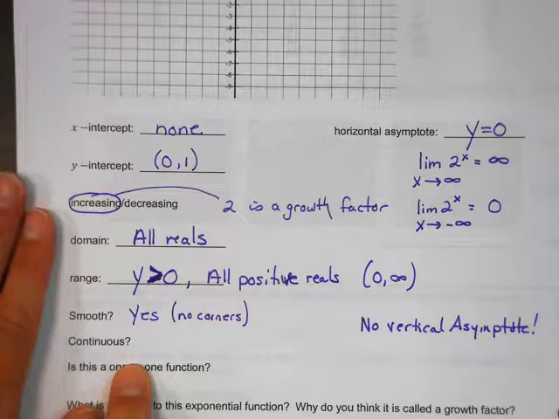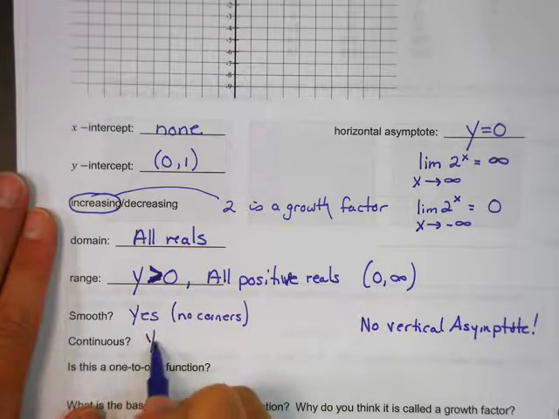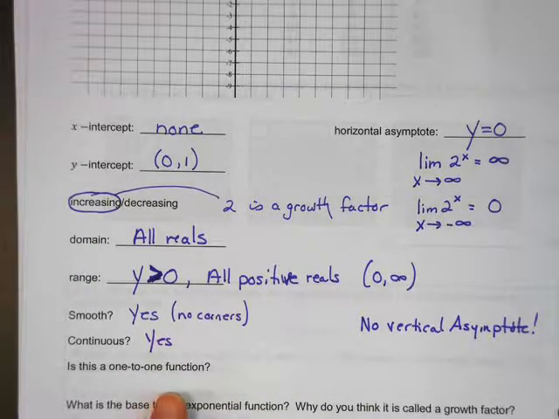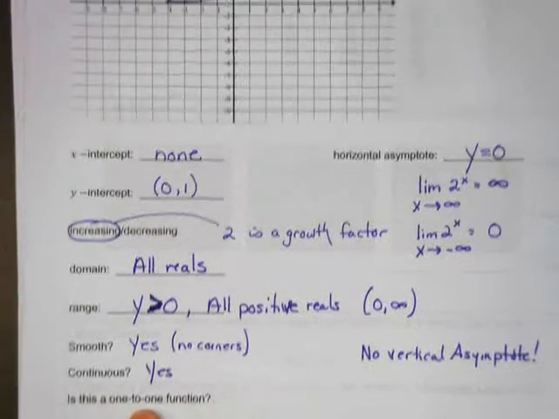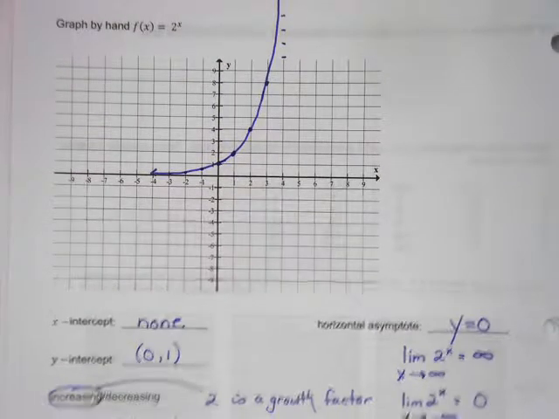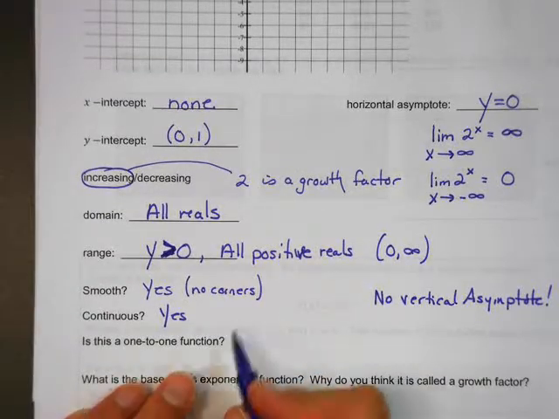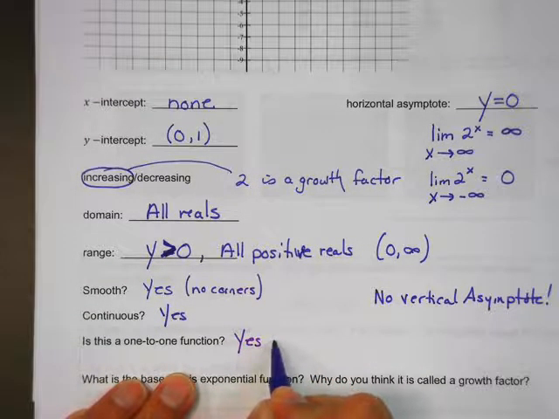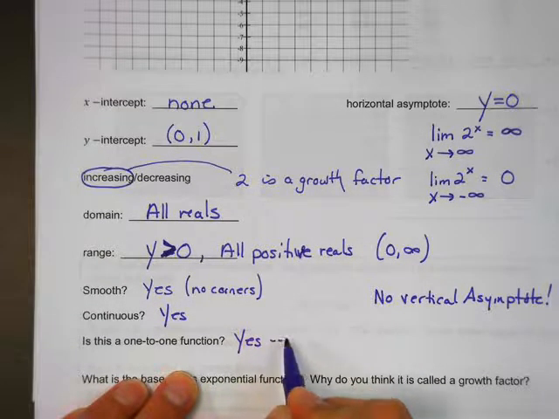And it's continuous because there's no break in it. Right? Can't you draw the whole graph without picking up your pencil? Yes. So it is also continuous. Is this a one-to-one function? Does it pass the horizontal line test? Yes, it does. So what does that mean then? It has a what? One output for one input?